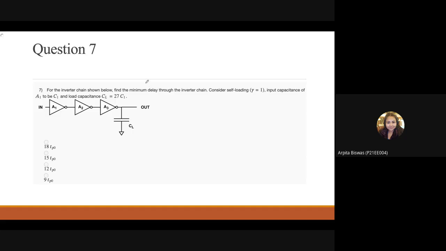Find this minimum delay through the inverter chain. Tell me how to calculate it. Try how to find it.